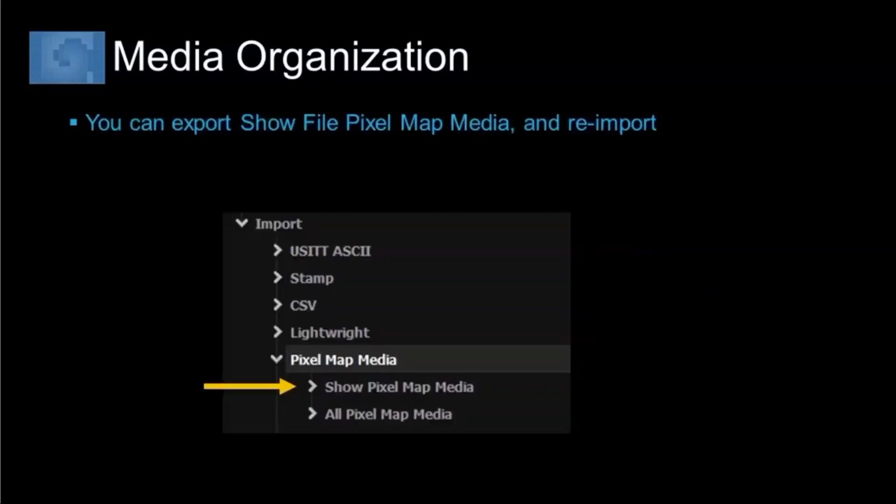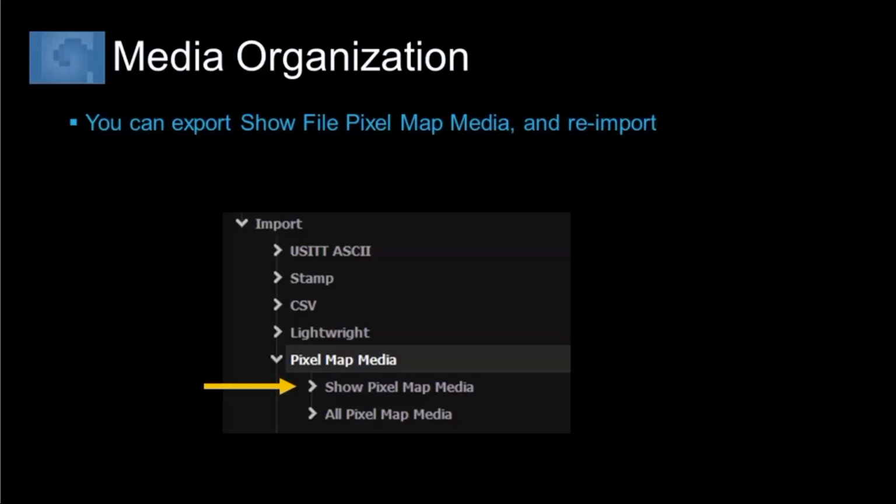The other way that we handle this is exporting what we call show pixel map media. When you're done with your process, when you've built a show file, it's in the can, everything's happy, you want to take it on tour, you want to make sure you're documenting it, all of that stuff.